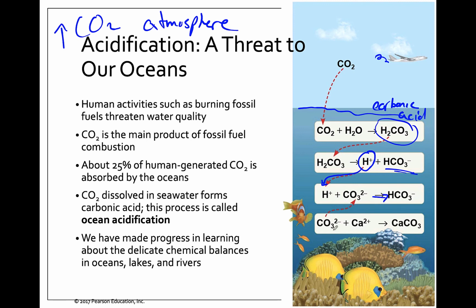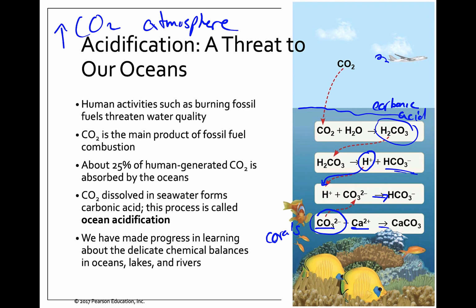And what this does is it pulls the CO3 2- away from the places that need it. So corals use calcium and carbonate to form calcium carbonate, and they need the CO3 2- plus the calcium to make their body structures.